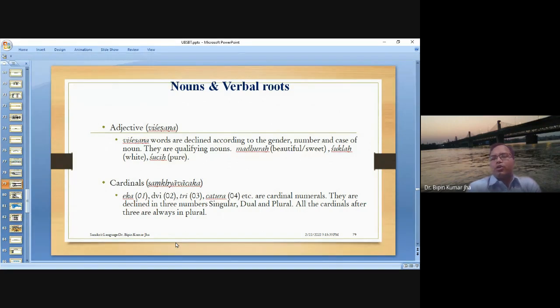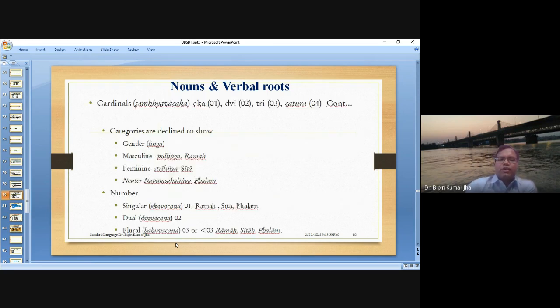So when you are talking about words in Sanskrit: naam, akhyat, upasarg, and nipat. Regarding naam, we have already mentioned noun, pronoun, adjectives, and here we find cardinals. In the same way, you are well aware of gender. Normally we find masculine, feminine, neuter, translated as pullinga, strilinga, and napumsakalinga.